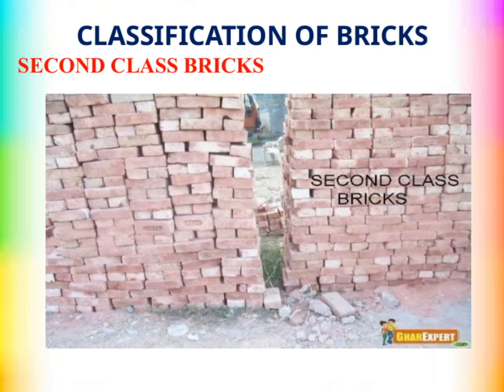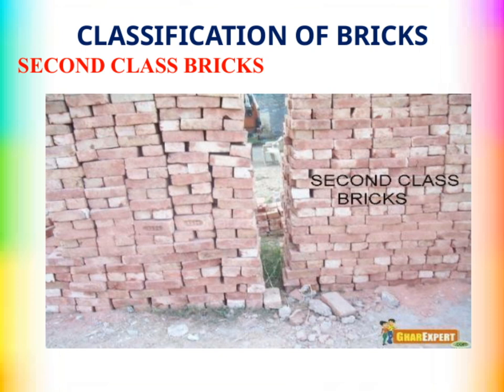Now, let's move on to the classification of bricks, focusing specifically on second-class bricks. When we talk about classifications, we're essentially grouping bricks based on certain quality standards and characteristics. Second-class bricks are a step below the first class in terms of quality, but they still meet specific criteria that make them suitable for various construction purposes. They are generally used in non-structural work or where the appearance isn't the top priority.